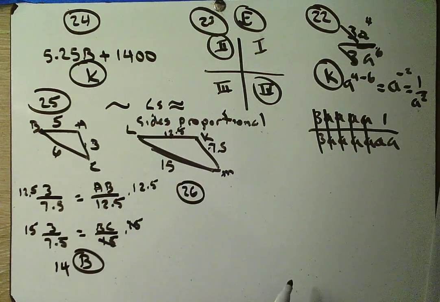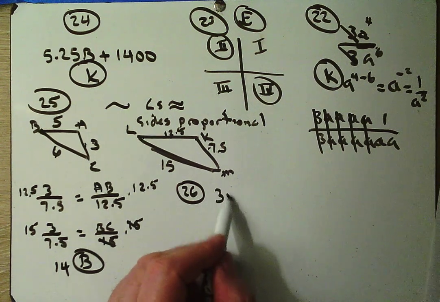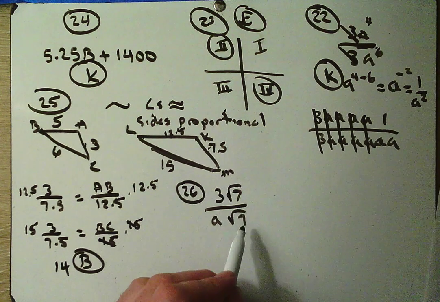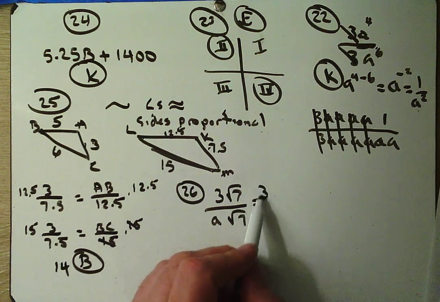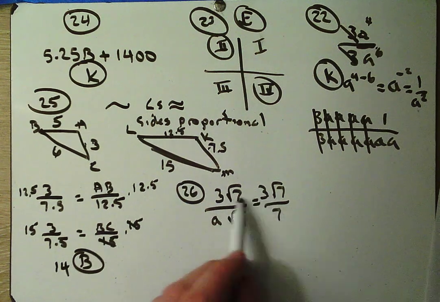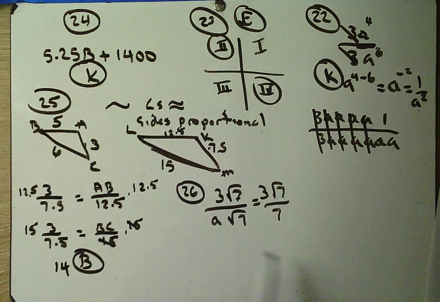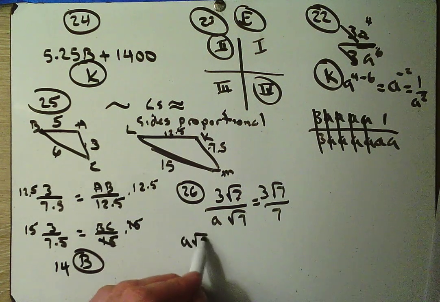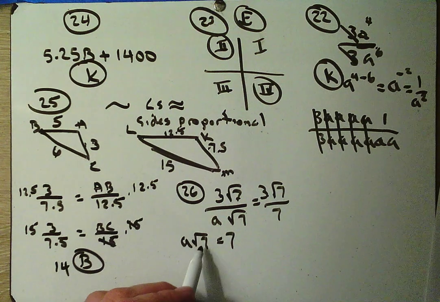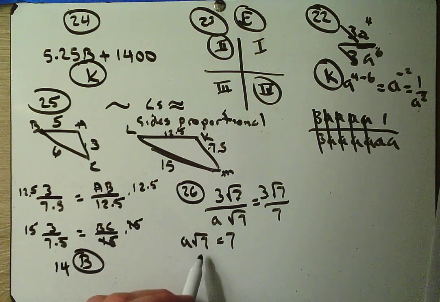26. 26 says 3 square root of 7 over A square root of 7 equals 3 square root of 7 over 7. Well, notice how the top is equal to the top, which means the bottom should be equal to the bottom. A root 7 equals 7. What am I multiplying root 7 by to turn it into 7?